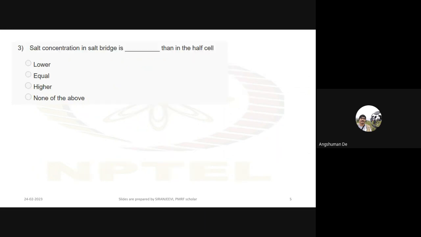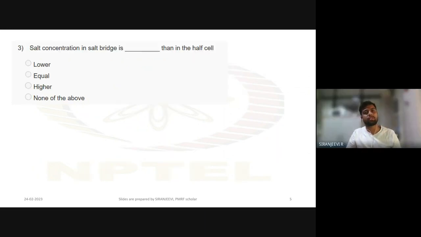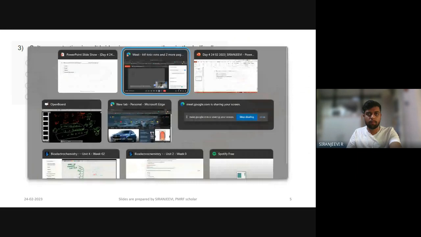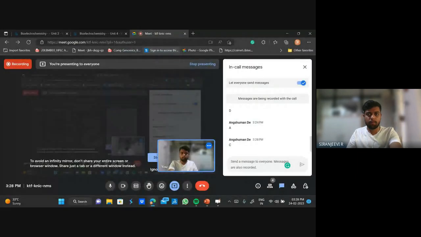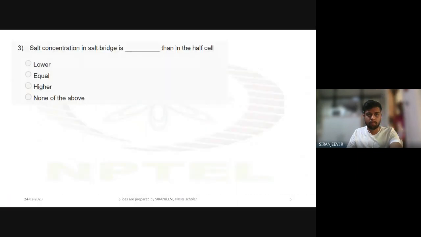Okay. Salt concentration in the salt bridge is dash than in the half cells. Is it lower, equal, higher, or none of the above? Okay.